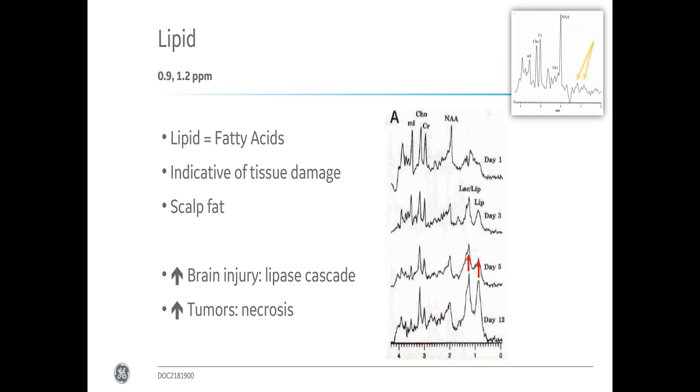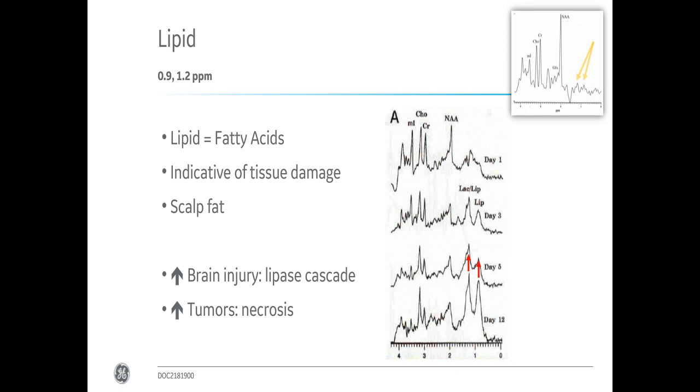Starting from the right, I start with lipids. The main lipid peaks are not seen in a normal spectrum, but they are at 0.9 and 1.3 ppm. Lipids are the fatty acids we have in our brain, and they can be indicative of tissue damage in different diseases.